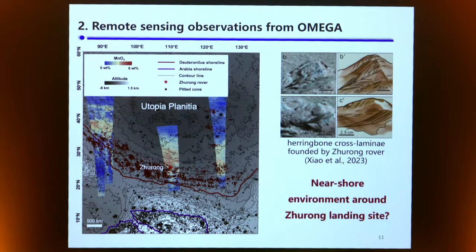We also found a spatial overlap between manganese hydroxide and pitted cones, which is shown as the red dots in the picture. These lines of evidence collectively suggest that the Zhurong landing area was likely formed in a nearshore marine environment.